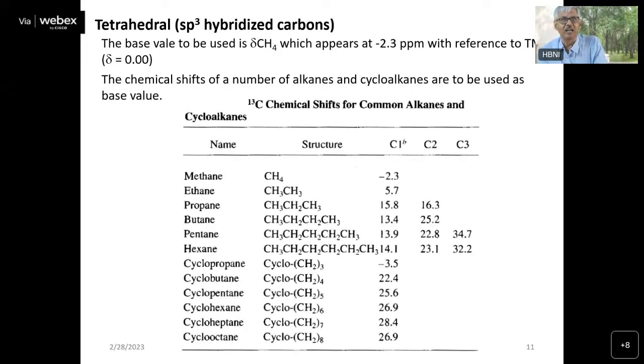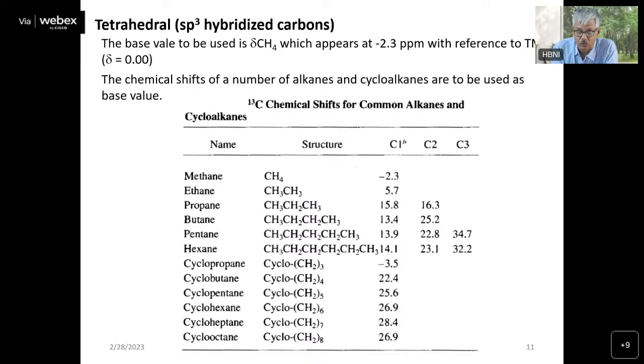So we take the chemical shifts of a number of alkanes and cycloalkanes as base values. When we find the chemical shift value of all these compounds, we will use these as a base value. For methyl or substituted methane, we take the base value of minus 2.3. For ethane, instead of minus 2.3, we consider 5.7.